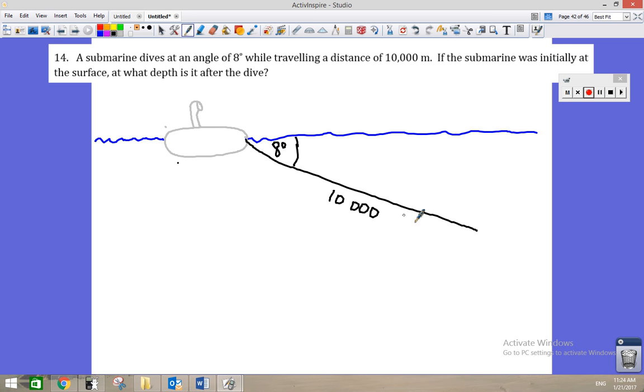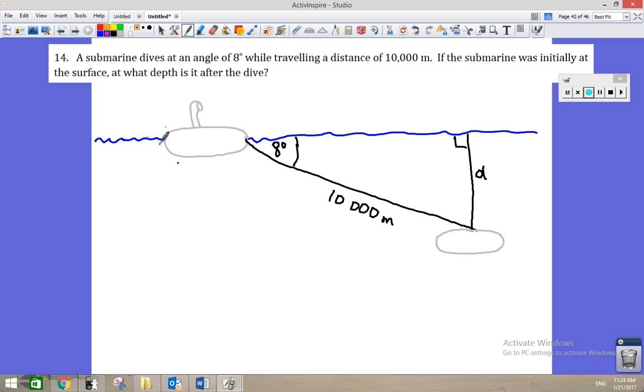It's traveling as it dives. So it goes down 10,000 meters, and we want to know what the depth is when it has traveled this 10,000 meters. So our sub is down here at this point. They probably don't have the periscope up when they're down at that depth.